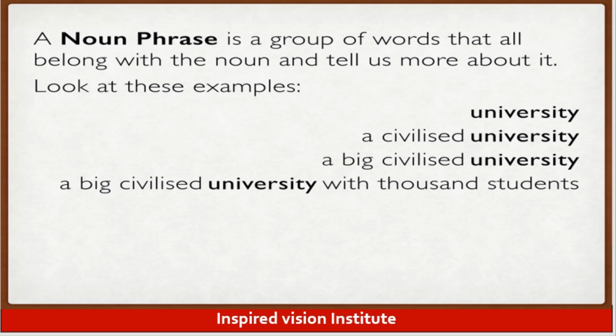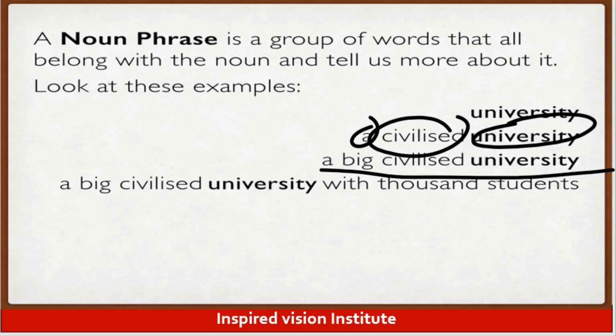We have three words, a and civilized university. So three words. A civilized university is now a phrase. Then if we say a big civilized university, it's again a phrase. It is a combination of words, a, big, civilized university.